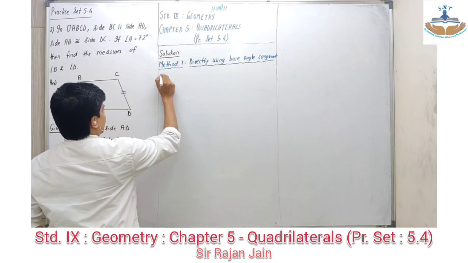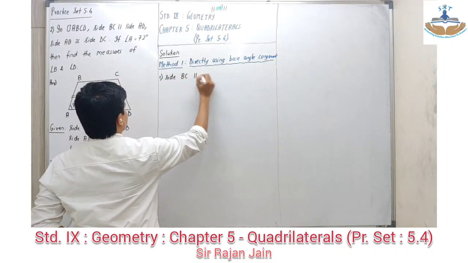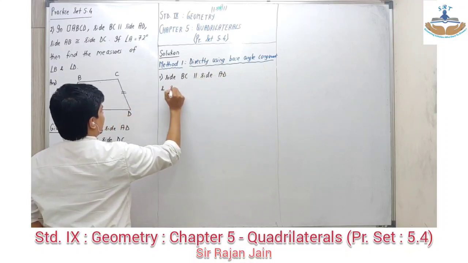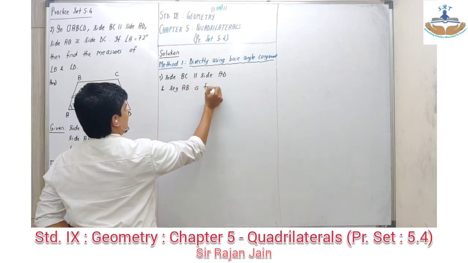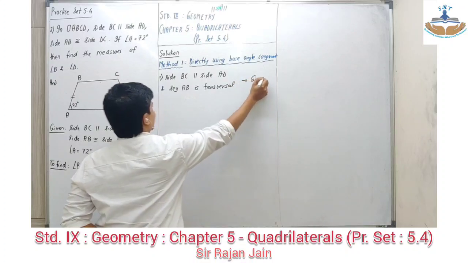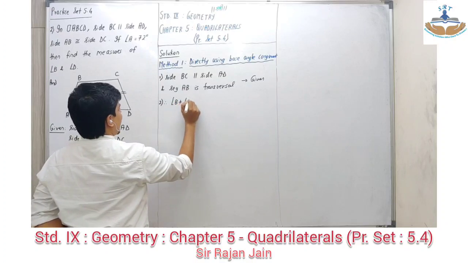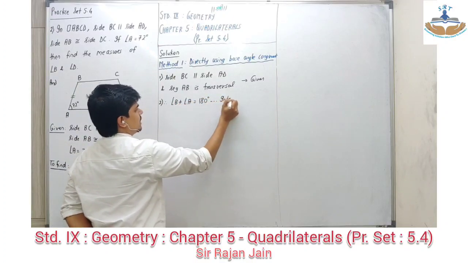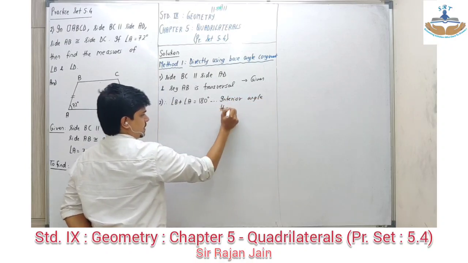Look, I'll say that side BC is parallel to side AD and your segment AB is transversal. Reason, you will write this is what is given in the question. Therefore, angle B plus angle A is equal to 180 degrees. Reason, you will write interior angle here.